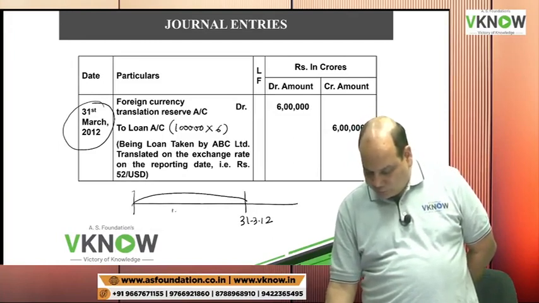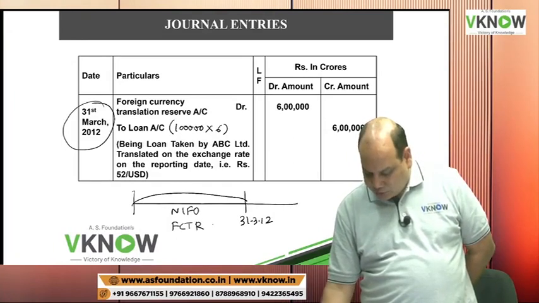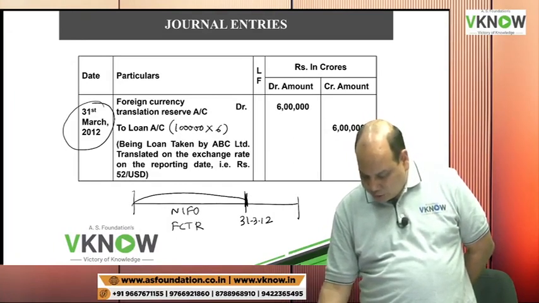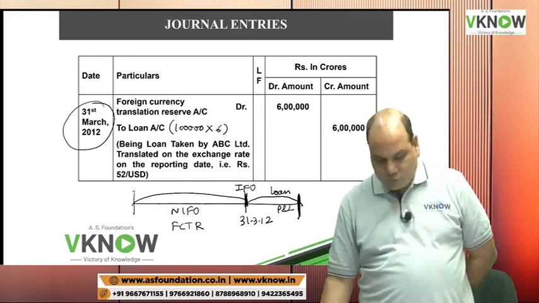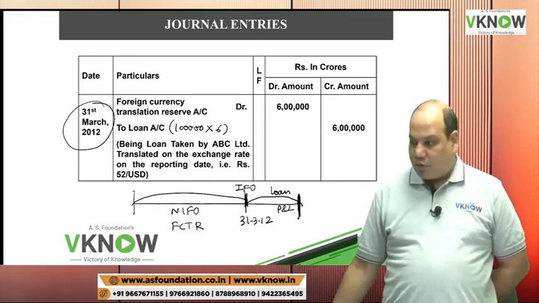It was NIFO. So the difference was transferred to FCTR. Now here the classification is EFO. Henceforth, in case of loan, the difference will be transferred to P&L account.